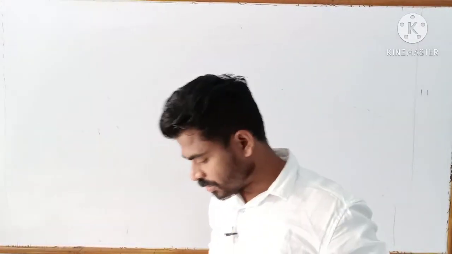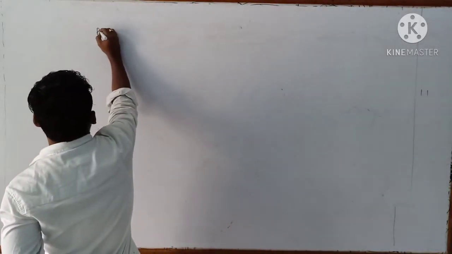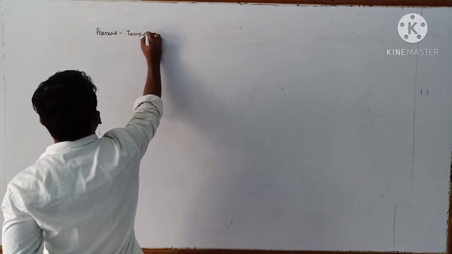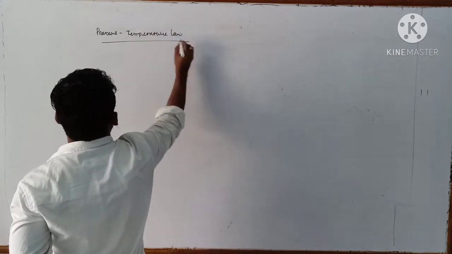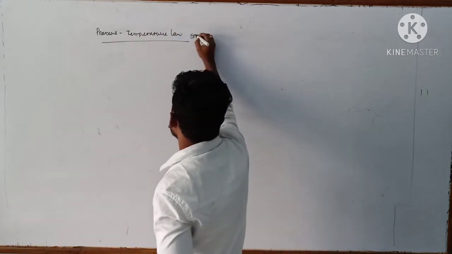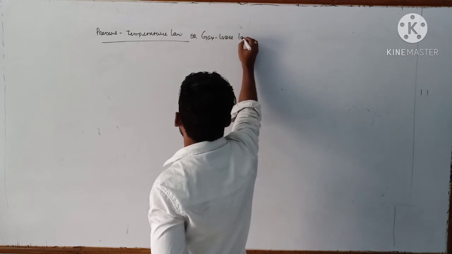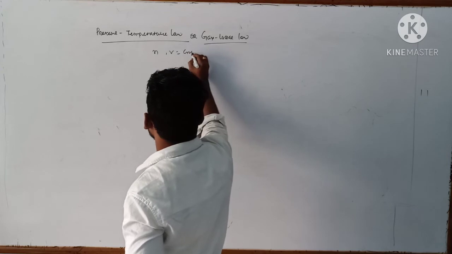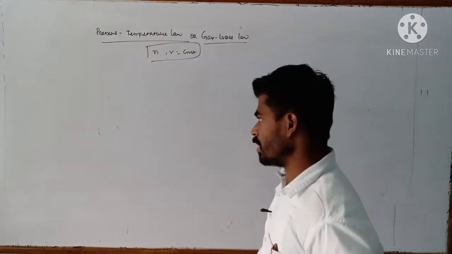So next we will discuss the third important law, that is called the pressure temperature law, or this is called Gay-Lussac law, as per the name of the scientist. Very easy. Again here n and V are constant, mass of gas and volume constant.